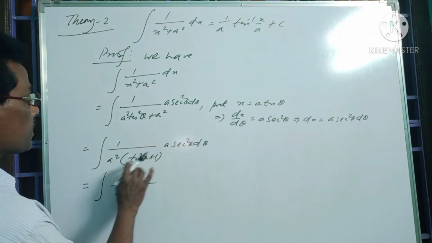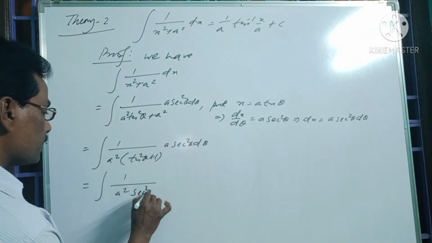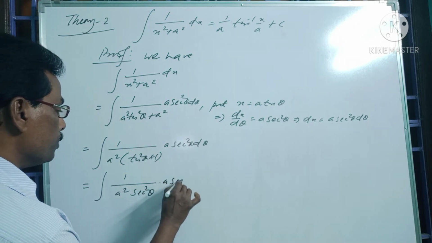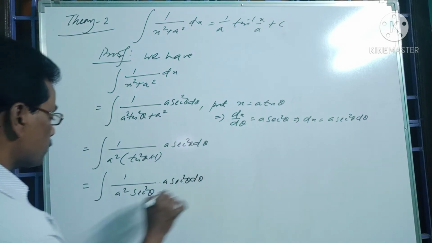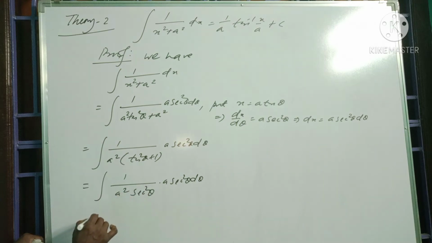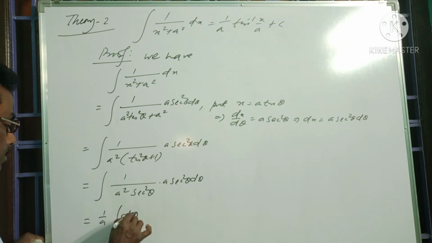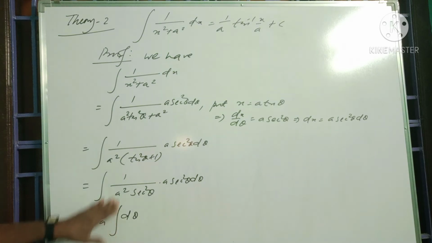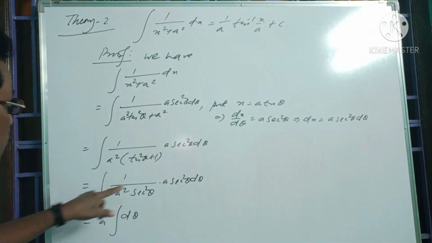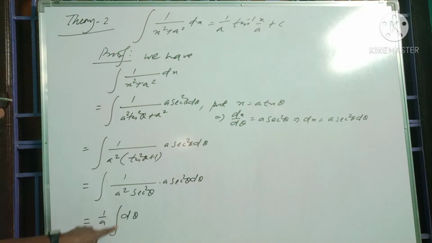In place of tan square theta plus 1 we have sec square theta, so finally we have 1 by a times the integration of d theta.